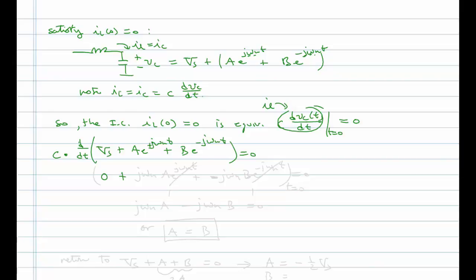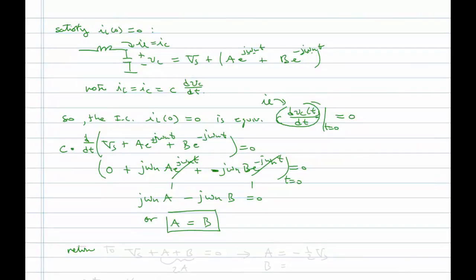Take the derivative of the second term and we get plus j omega n a e to the j omega n t, plus minus j omega n times b e to the minus j omega n t, is equal to 0. And of course this is evaluated at t equal to 0. So that's convenient. This all reduces. This goes to 1 when we evaluate it at time equals 0. So we get j omega n a minus j omega n b is equal to 0, or a must be equal to b.